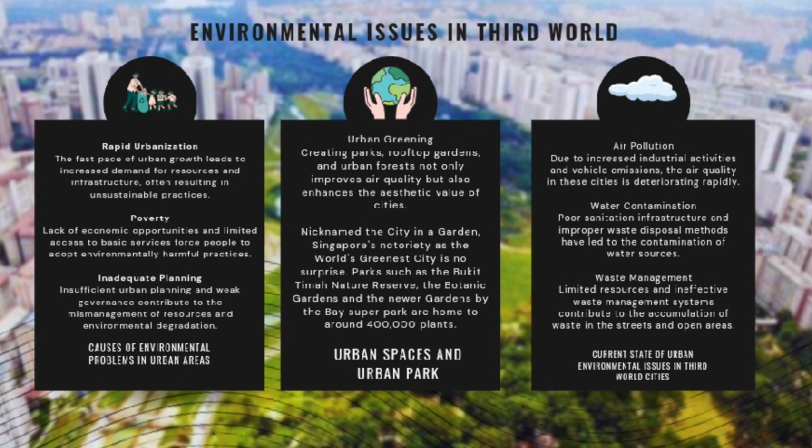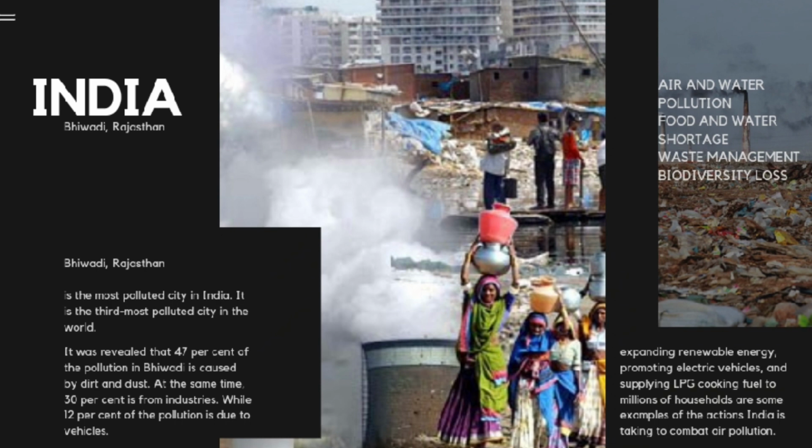So, the cost of this pollution in India is air and water pollution, food and water shortage, waste management, and biodiversity loss. So, India government they have policies about expanding renewable energy.